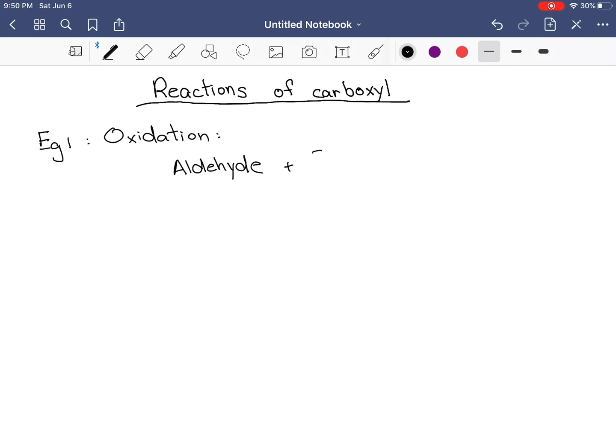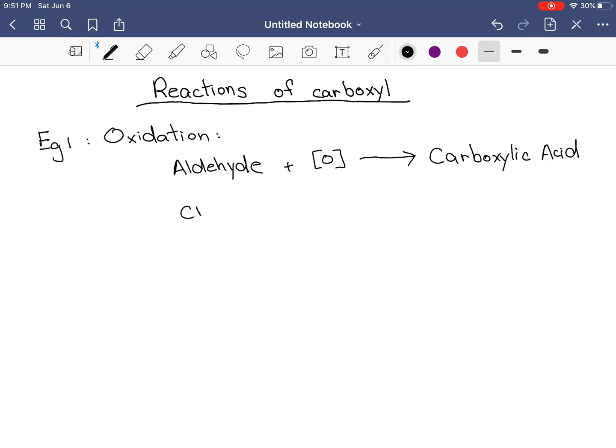So remember, whenever you have a square bracket O, or sometimes even round bracket O, what you're going to get here is a carboxylic acid.